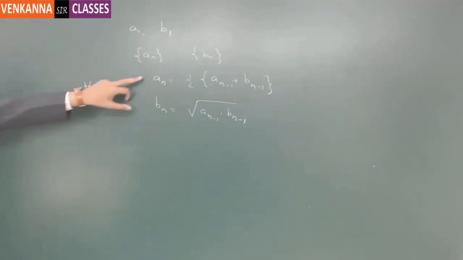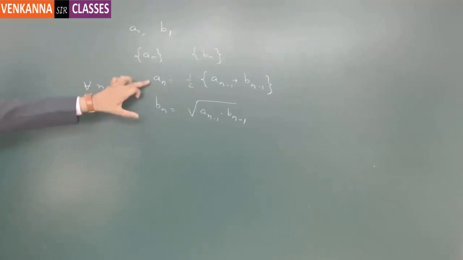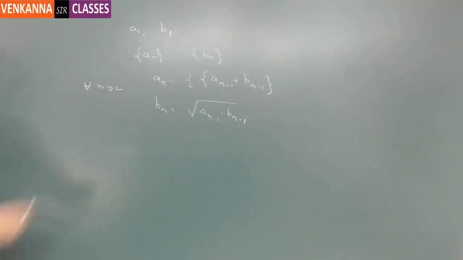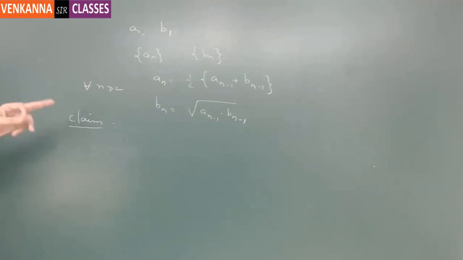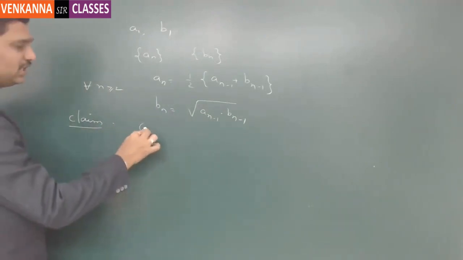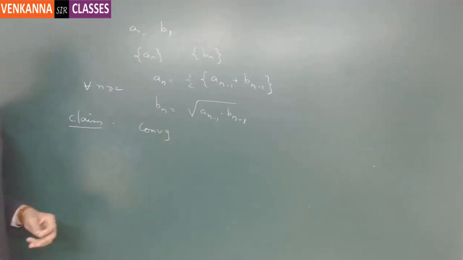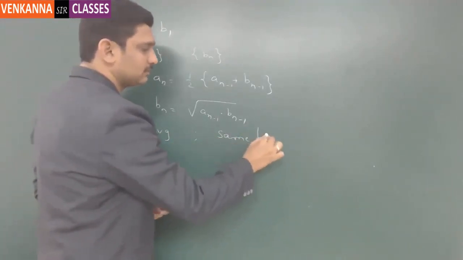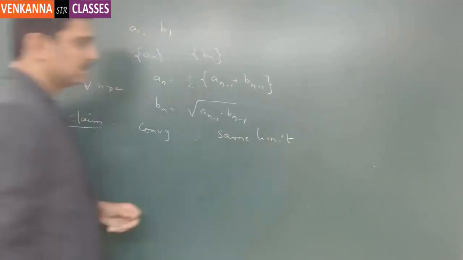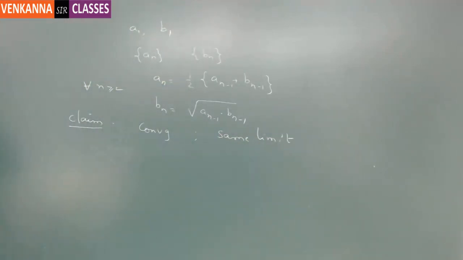So these are the sequences I have defined by this recursive formula. Now the task of the question is, we have to prove that these two sequences are convergent and they converge to the same limit. That was the question. Is the question and objective clear?